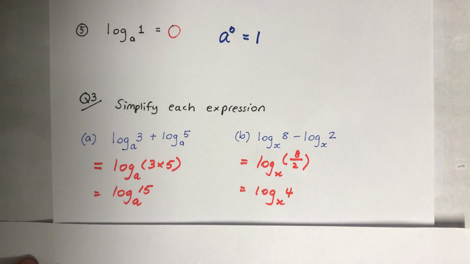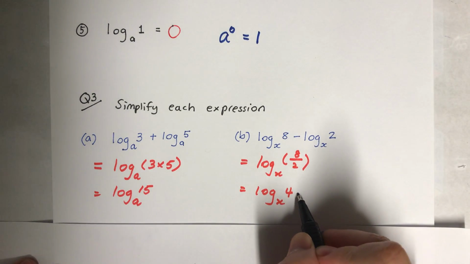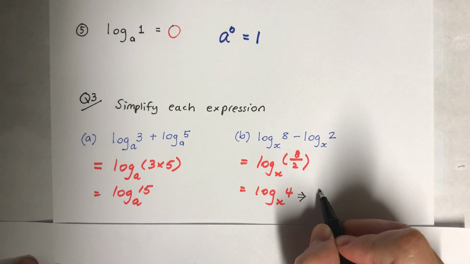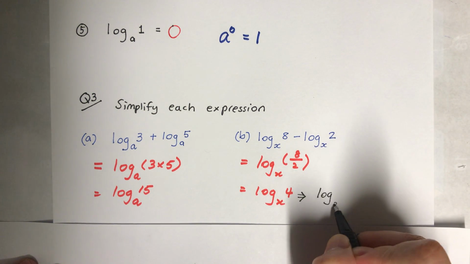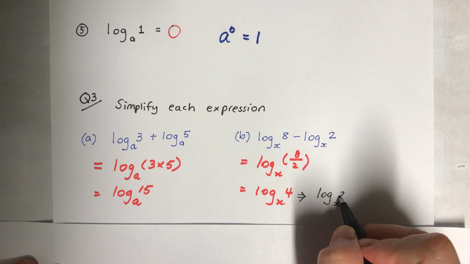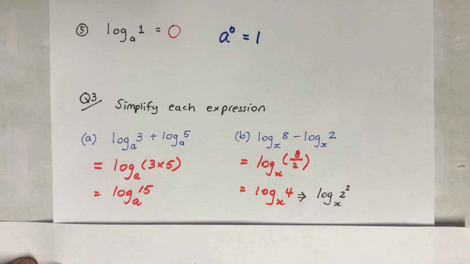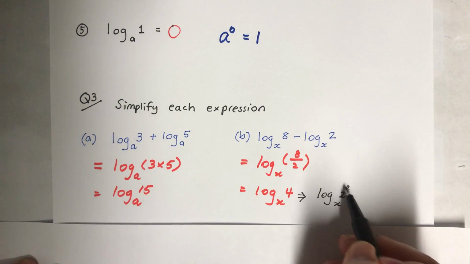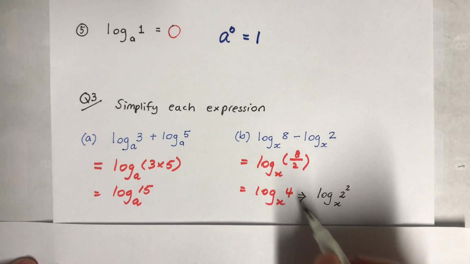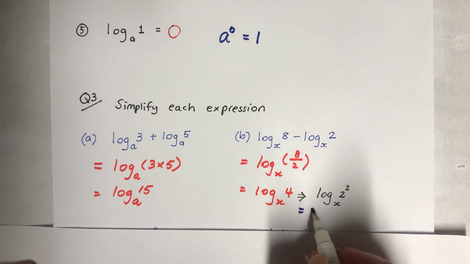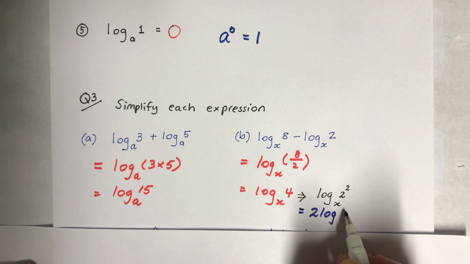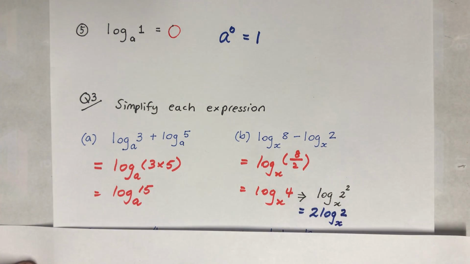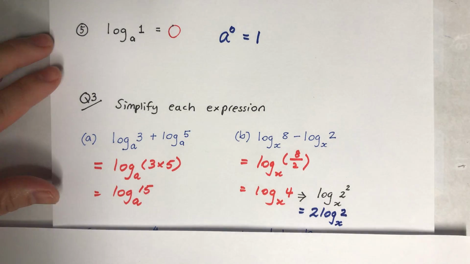This is okay for now, but I can actually do a little bit more to this, because 4 is 2 to the power of 2, isn't it? And that is a power. I can put this in front. So what I can do is 2 log of 2 to base x. I can even write it like this.